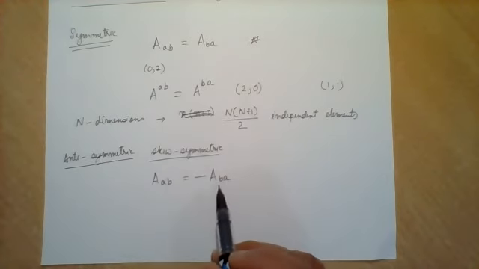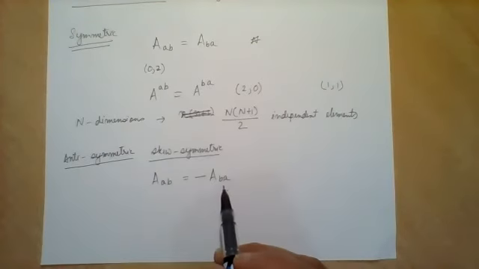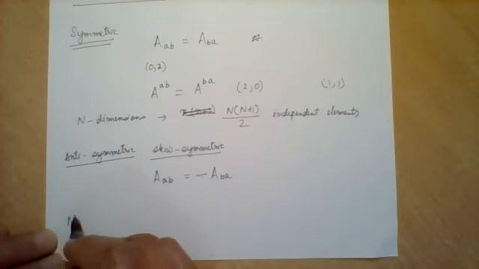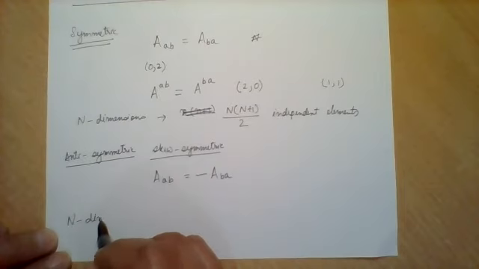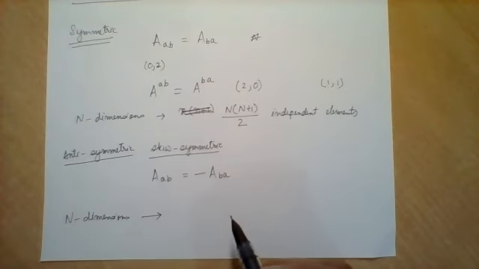These are the components of a skew symmetric tensor. In n dimensions, how many independent elements does an antisymmetric matrix have?